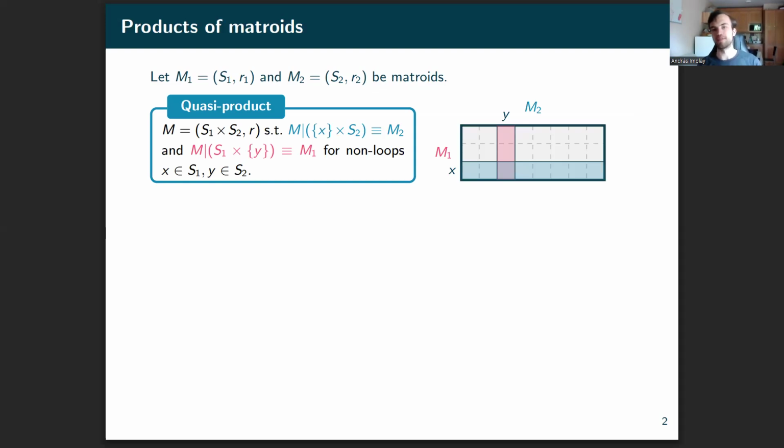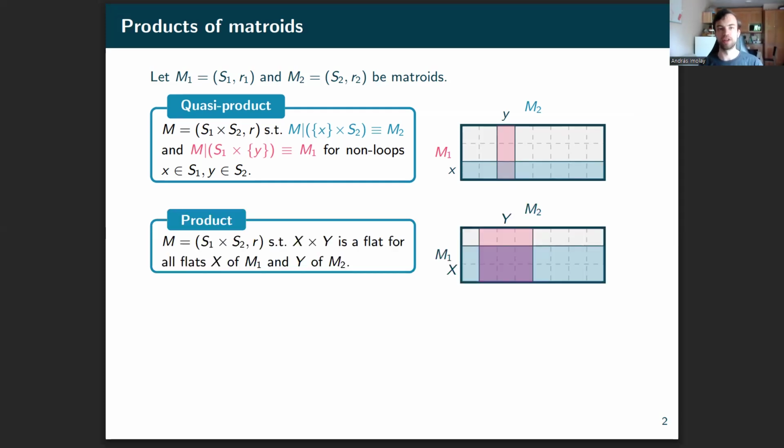One is the quasi-product. All of these matroid products live on the product set of the ground sets. We call a matroid a quasi-product of two matroids if all of the horizontal sections are isomorphic to M2 and all of the vertical sections are isomorphic to M1.